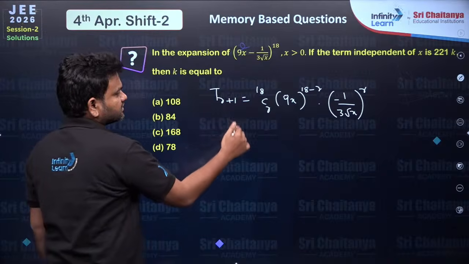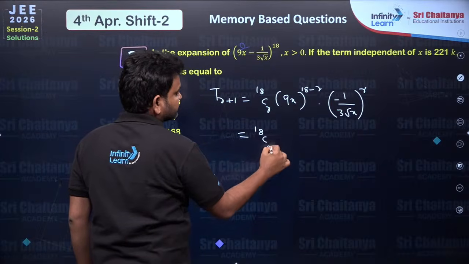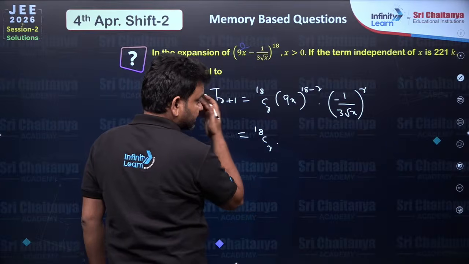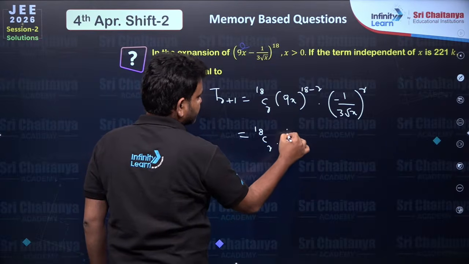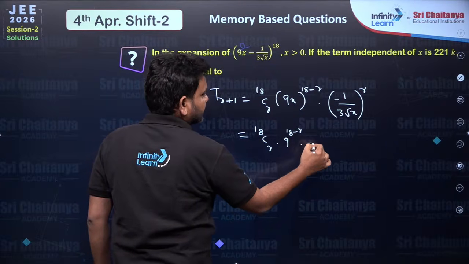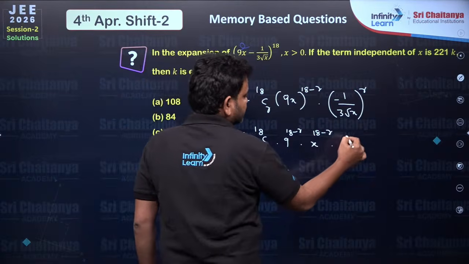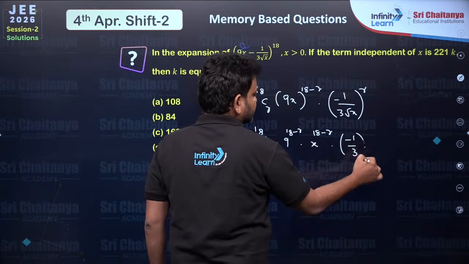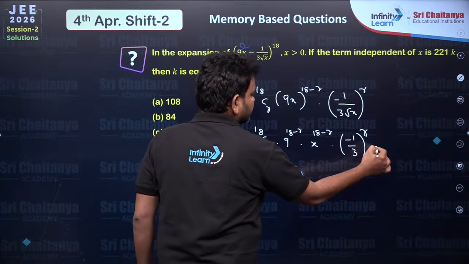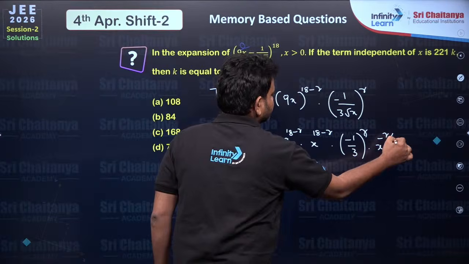Alright, so the next thing which we will have here is 18Cr, and I can write here 9 power 18 minus r separately, and x power 18 minus r, and then, as you have a minus sign, I am just writing it at one point, and here x power minus r by 2 I have.